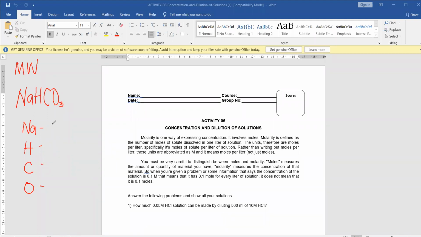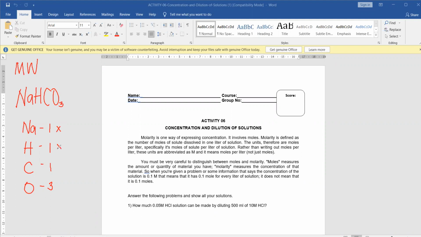For sodium, since you cannot see a subscript there, so it's automatically 1. That is also true for hydrogen and for carbon. But for oxygen, as you can see in the screen, we have a subscript na 3, and that represents na meron tayong 3 atoms ng oxygen.